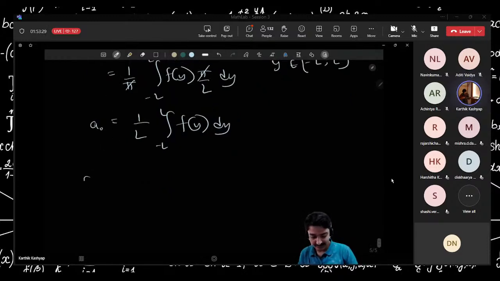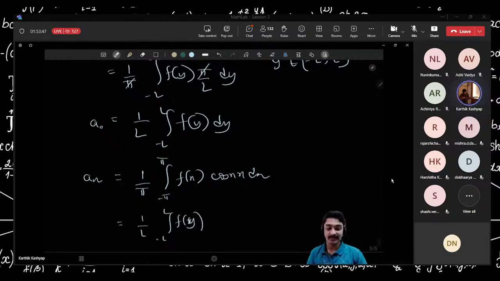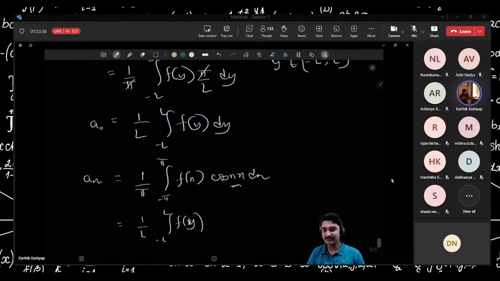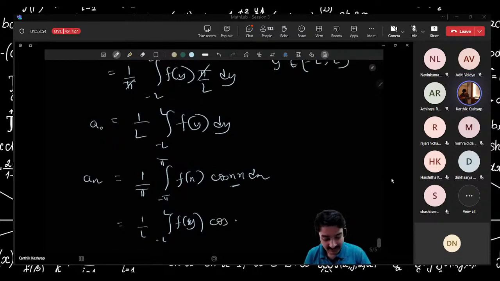So if we talk about an, on the other hand, it is 1 by pi times the integral of f of x cos nx dx from minus pi to pi. I won't go over this manually again. We would get again this part would be the same, 1 by L, and then limits again minus L to L, f of y and then cos nx. We have seen the transformation in the Fourier series itself. We can just replace the same thing, cos n pi y by L. This is what we got before, and then dy.